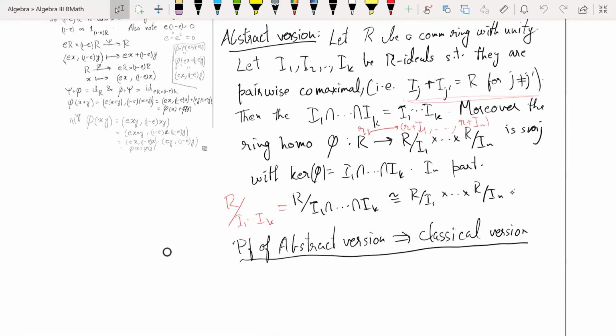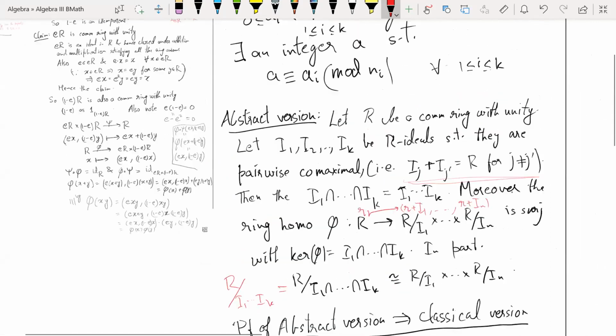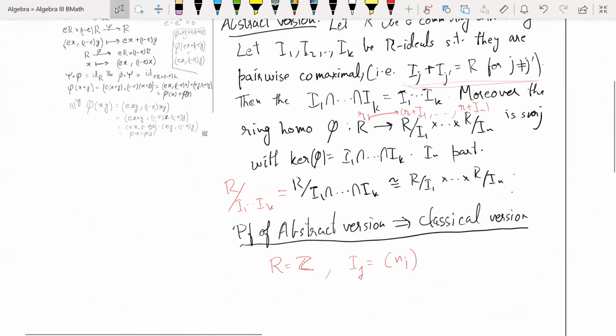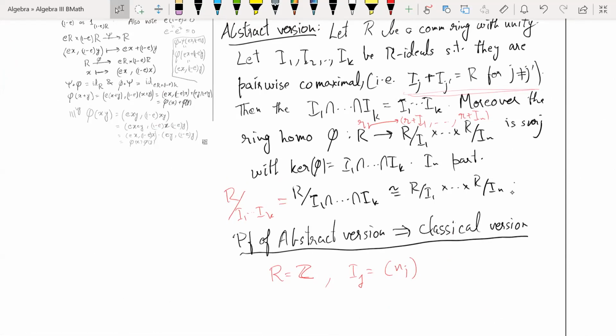As an application, you just take R to be Z, and Ij to be the ideal generated by Nj. The Nj's being pairwise co-prime precisely means that some linear combination of Nj and Nj prime is going to be 1.